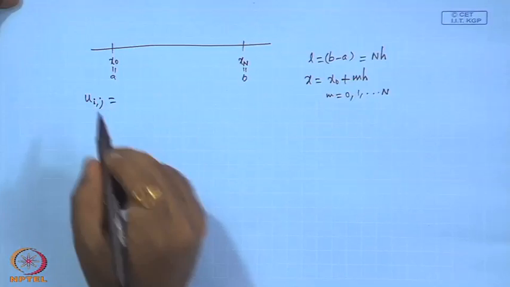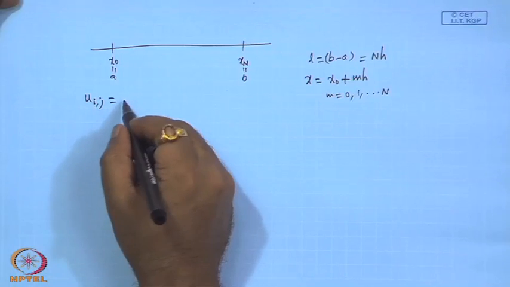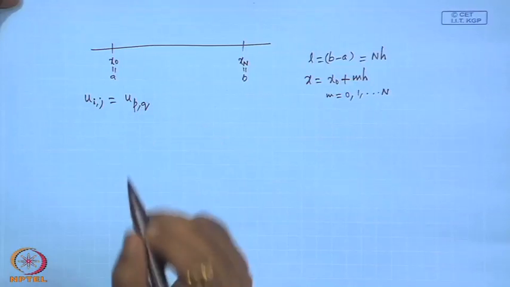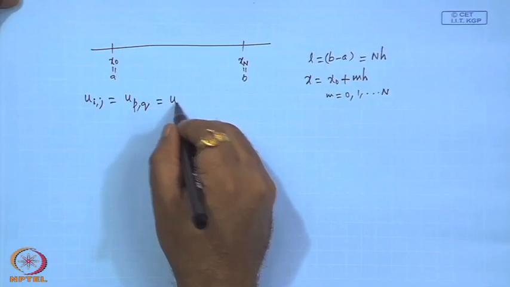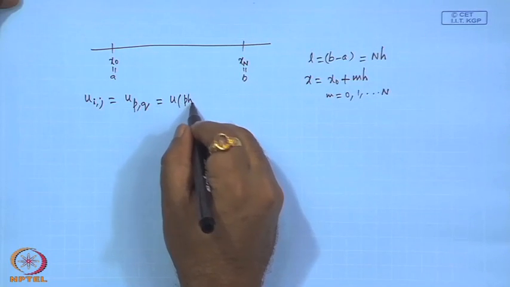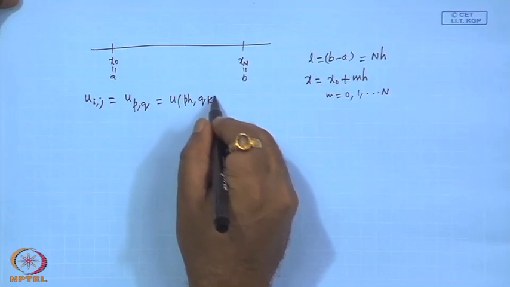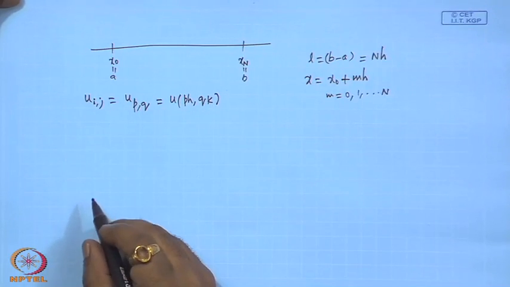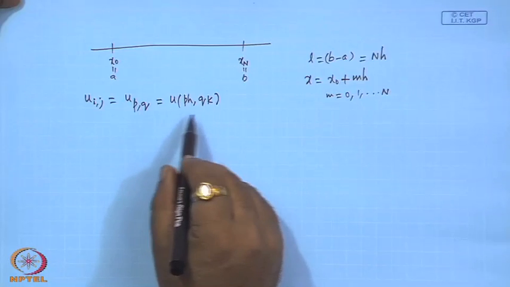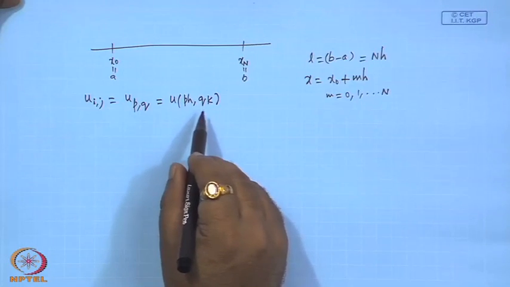This is our usual practice so far, but it may be introduced like this, where this is at any point p h, q k. Okay. So, this is the notation we are now going to introduce.